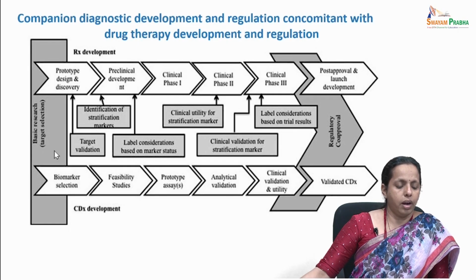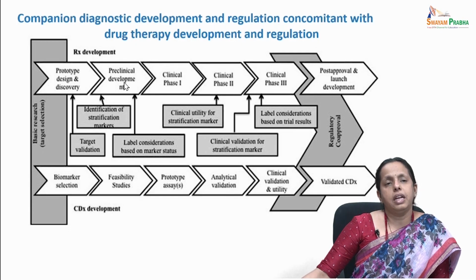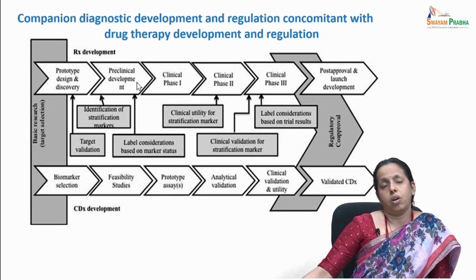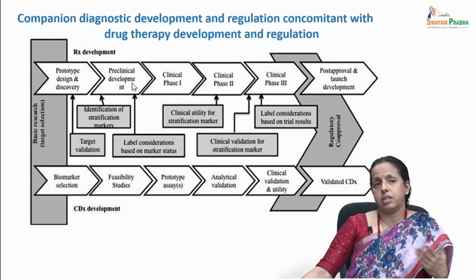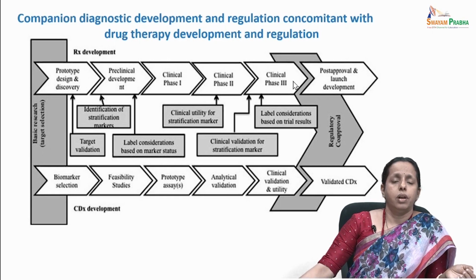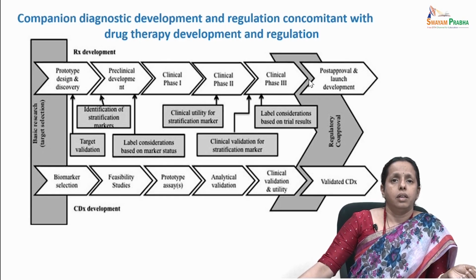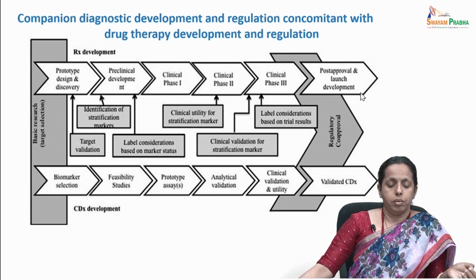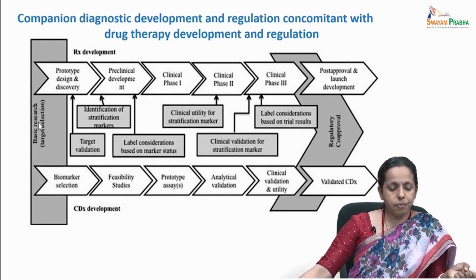You have a prototype in drug design and drug discovery, then preclinical development, where you go for mouse models or other animal models, and then clinical phase 1, phase 2, phase 3, then post approval and launch. These two can really go hand in hand.